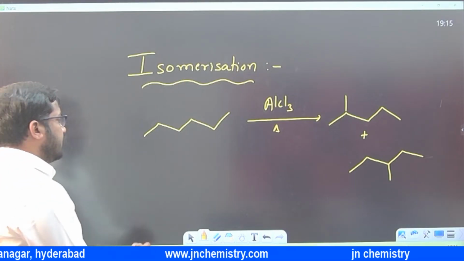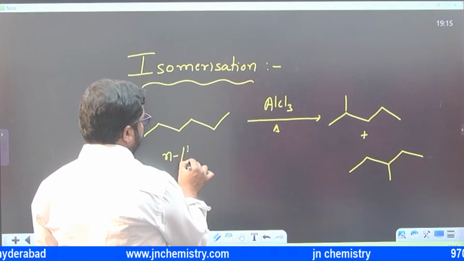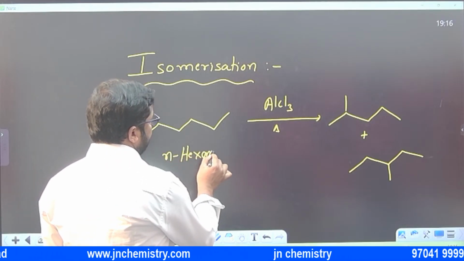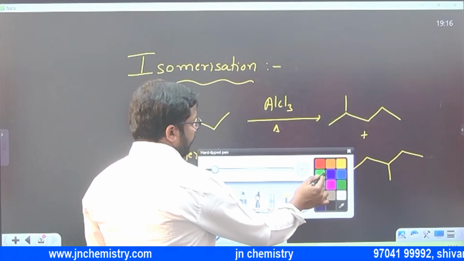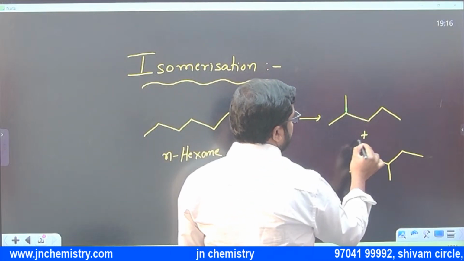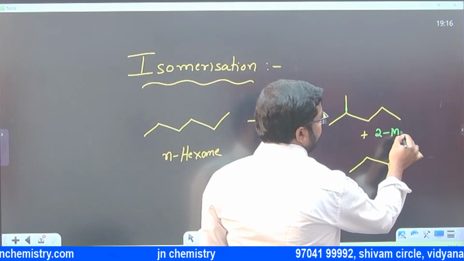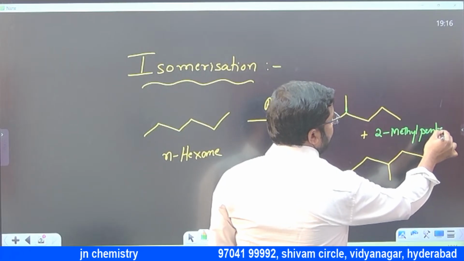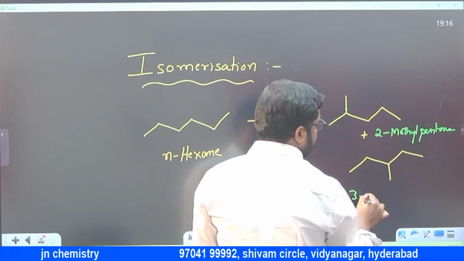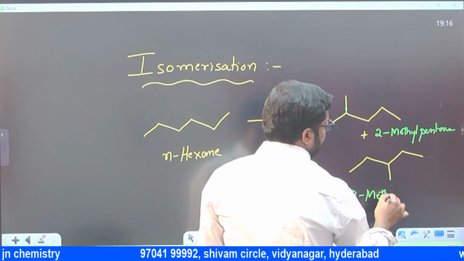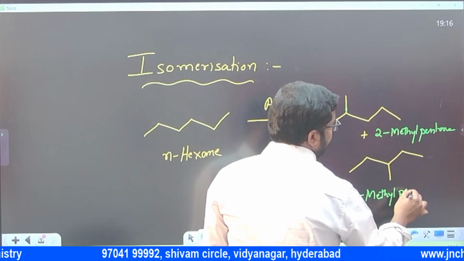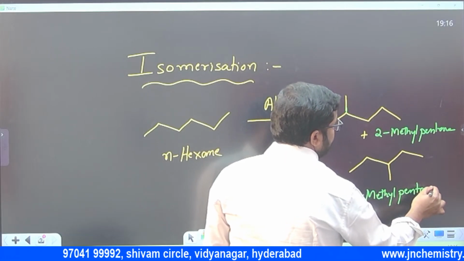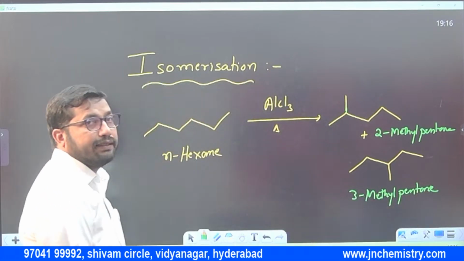Isomerization. n-Hexane, this is. This is 2-methylpentane. This is 3-methylpentane. 2-methylpentane, 3-methylpentane.